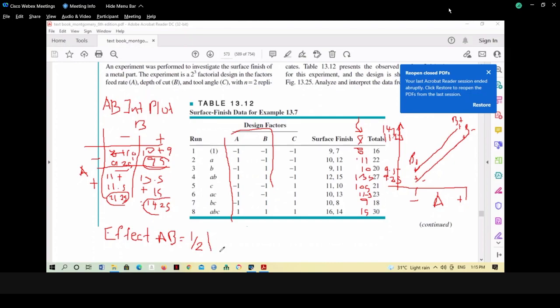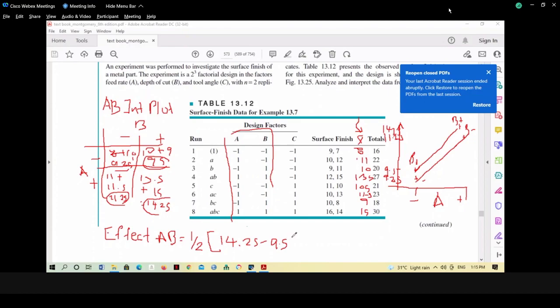okay, open bracket, effect of A at high B, which is here: 14.25 minus 9.5. Effect of A at high B, look at high B, 9.5.